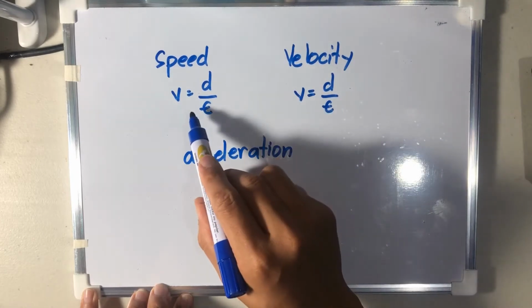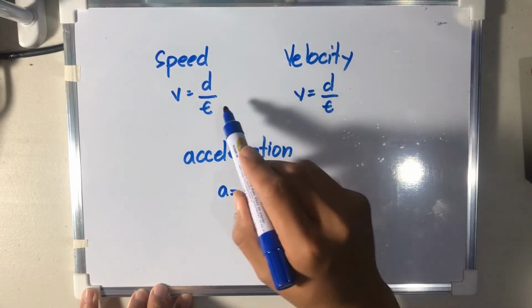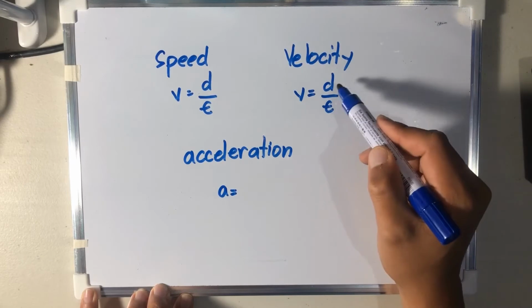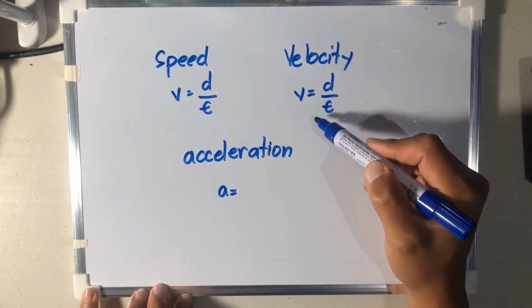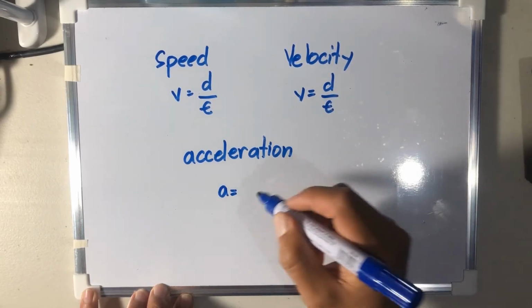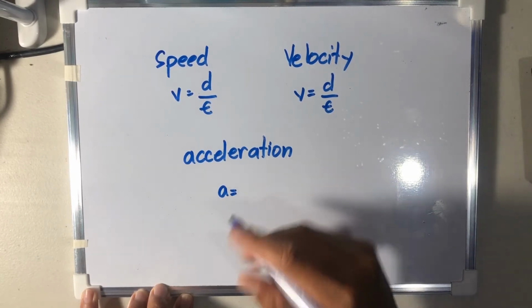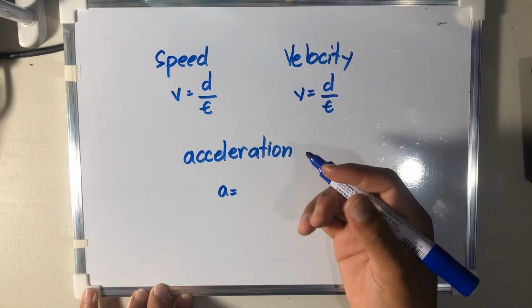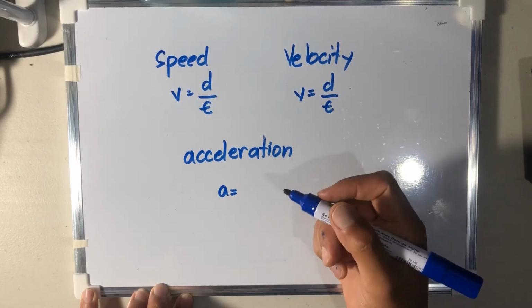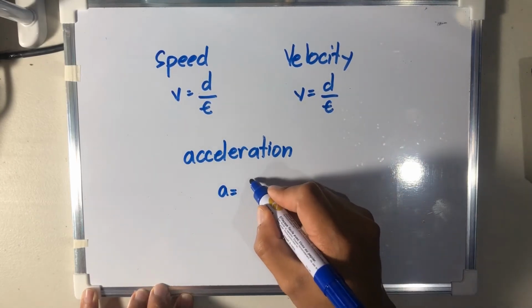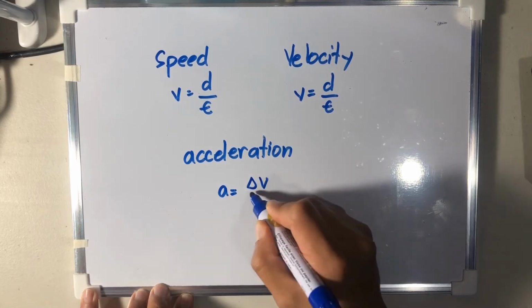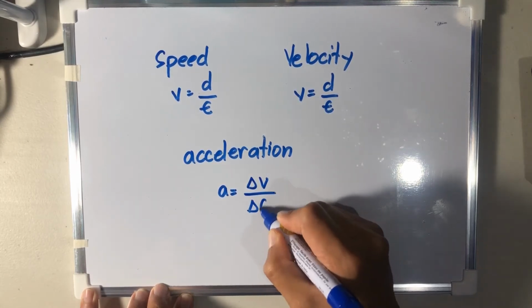So as you can see, distance and displacement are denoted only by a single letter, so this is a scalar quantity. Meanwhile, velocity is a vector quantity, so this is magnitude with direction. Acceleration is defined as a description of how fast or how slow the change in velocity is. So this will be change in velocity over change in time.